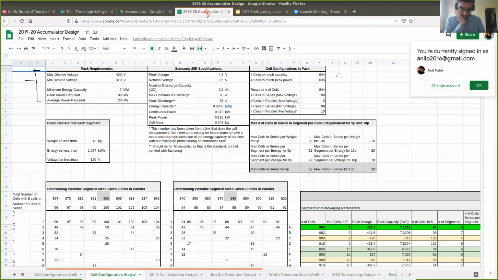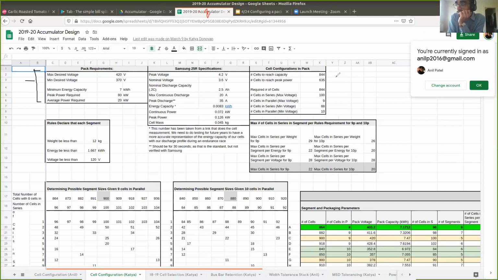And then we need at least 7 kilowatt hours of capacity, and then our peak powers. Basically what it does is it takes the cell specifications and figures out the limiting factor when we add them up into series and parallel, and sees whether we're limited by our power or by our capacity. So that's what it's doing right here.